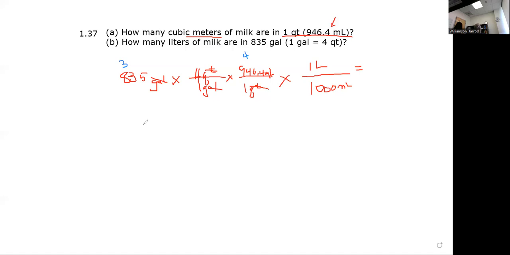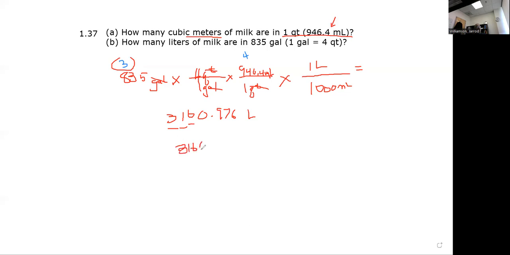And that's going to get me here 3160.976 liters, but I have to go to 3 sig figs. So I'm going to go 1, 2, 3. So I'm going to go 316.